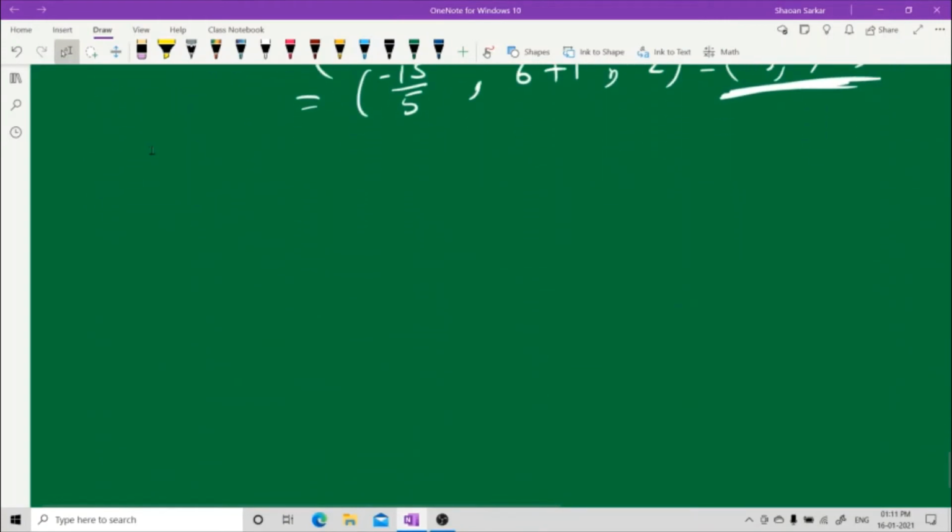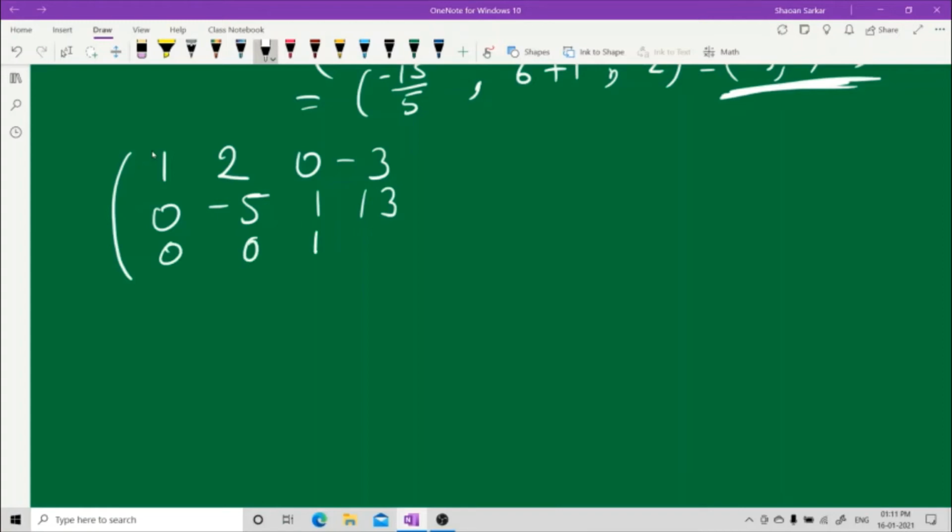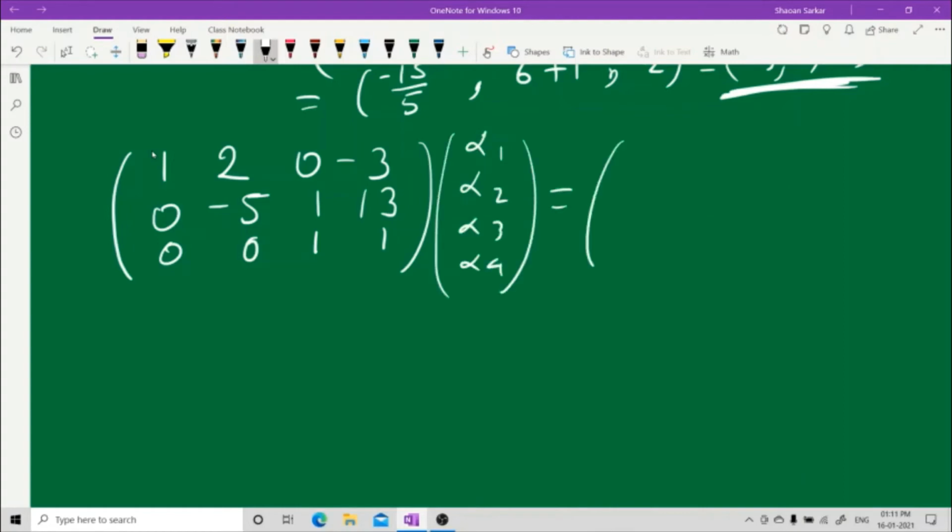This equation, let me write down the final part of the equation. This is 1, 2, 0, minus 3, 0, minus 5, 1, 13, and you have 0, 0, 1, 1, and you have alpha 1, alpha 2, alpha 3, and alpha 4 is equal to 0, 0, 0.